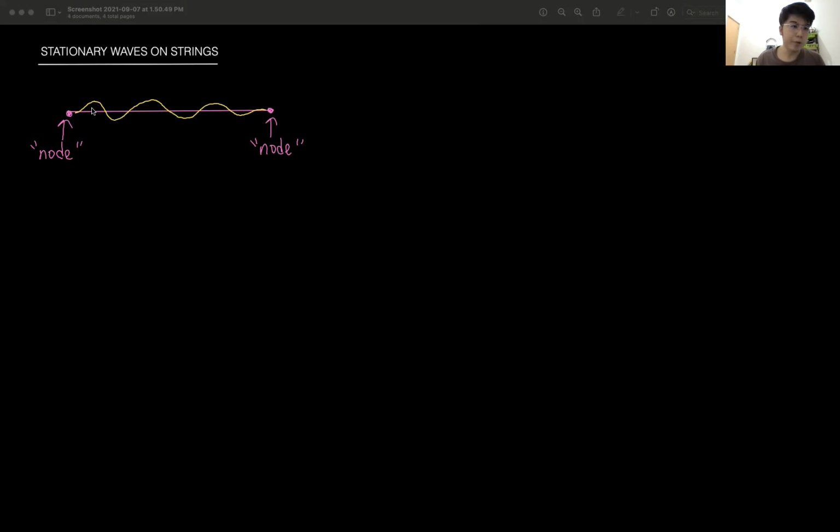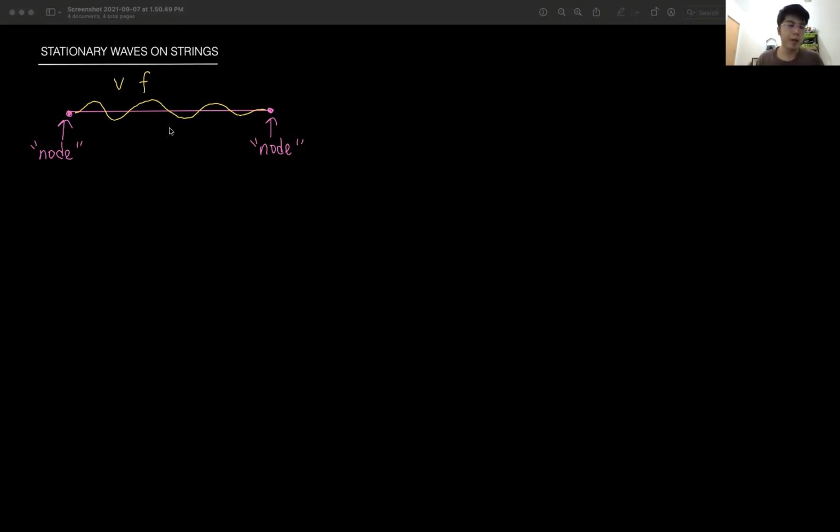Again, when you create a wave, the wave has a certain speed, it has a certain frequency, and it moves along the string. As it hits the node and bounces back, there will be reflection at both nodes. This reflected wave will interfere with the wave that you created, with itself, and create a resultant wave.